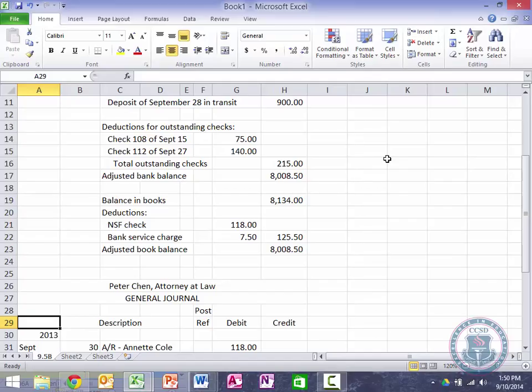It says preparing a bank reconciliation statement and journalizing entries to adjust the cash balance. So on July 31st, 2013, the balance in the Stacked Stone Masonry checkbook cash account was this. This time, instead of listing it out, they're just telling us what's wrong, the things that we need to adjust. They're not going to make us go through this whole reconciliation where we cross out what's in the bank statement. They're pretty much going to give us the information.